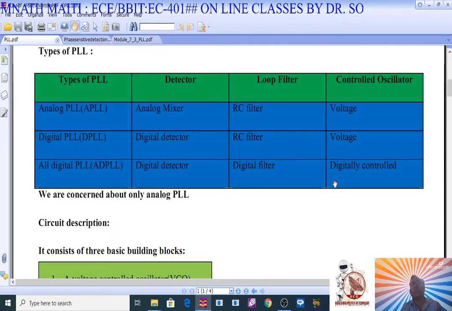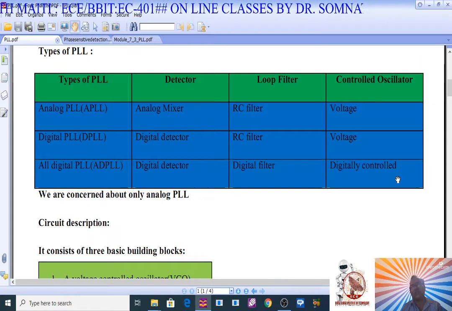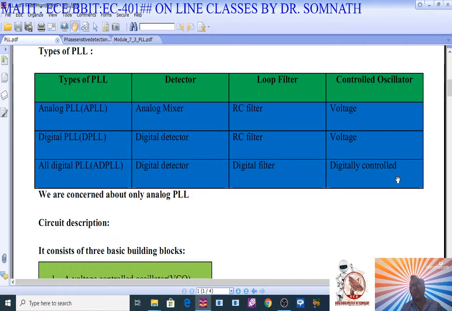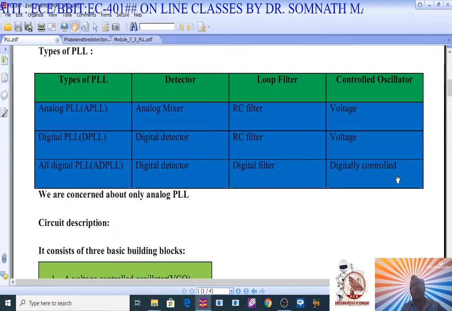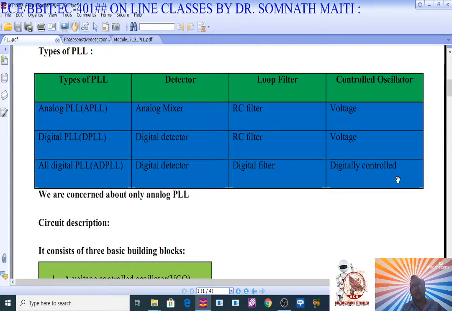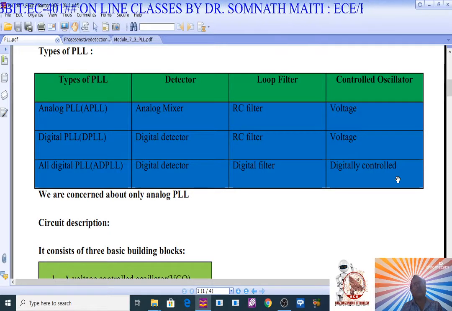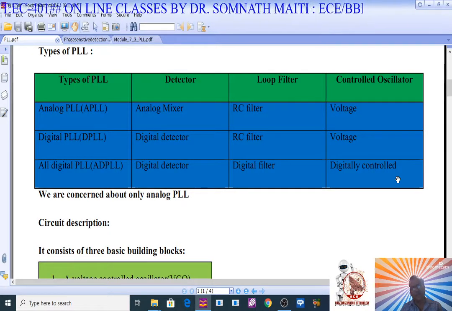And digitally controlled, let's say we have a counter. The counter will have some output, some counts, of how many pulses it counts. Now this count can be up and down.